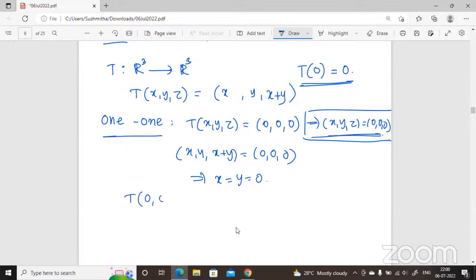What is the image of 0, 0, 1? It is 0, so z can be anything.